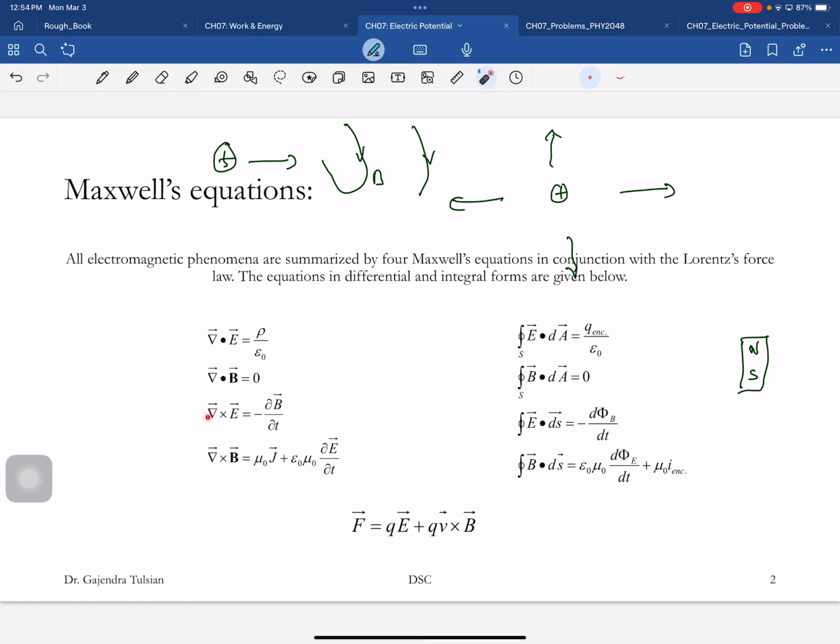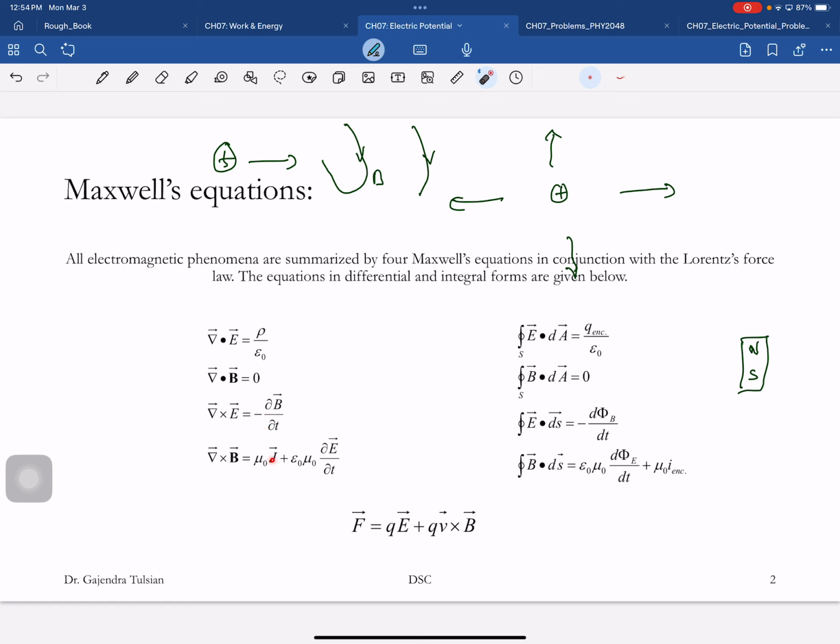This equation is the basis of thousands of applications in your life. This is how microphones work, this is how speakers work, this is how electric guitars work, this is how that electric sitar works. So we'll learn that. Again, time varying magnetic fields produce electric fields.